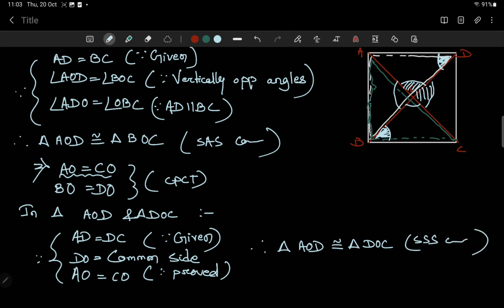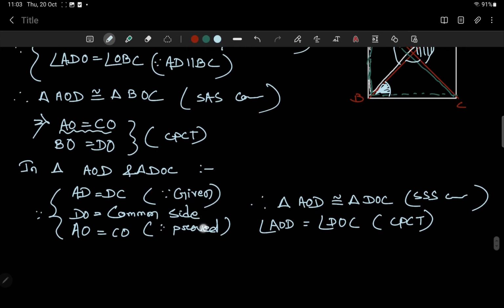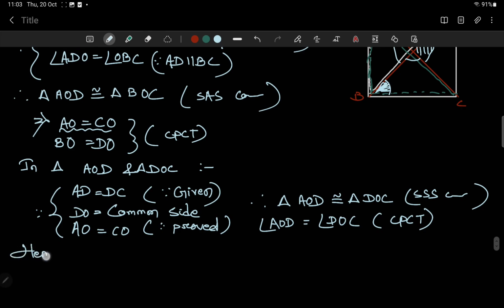Hence we can say that angle AOD equals angle DOC. Why? Due to CPCT. These three are proved.